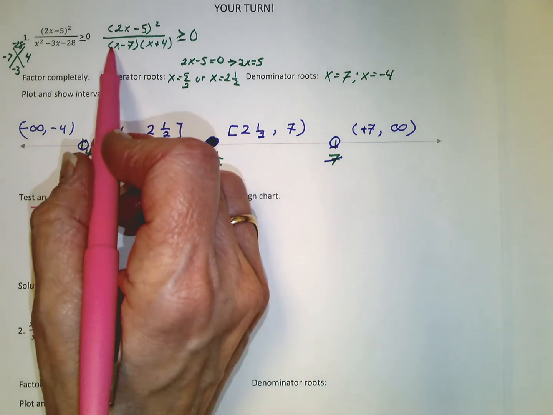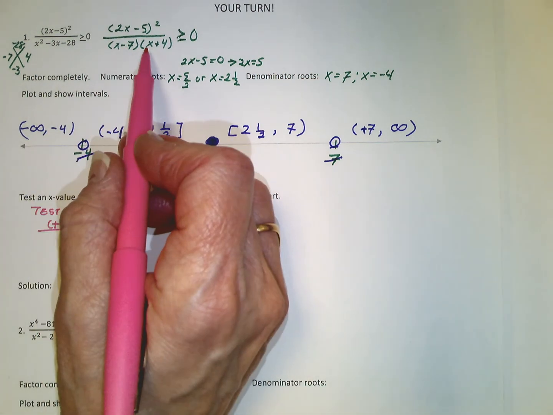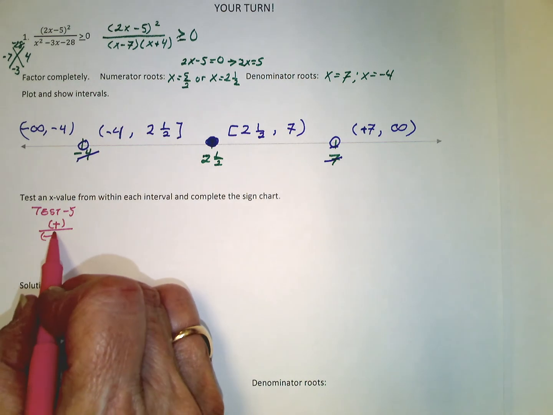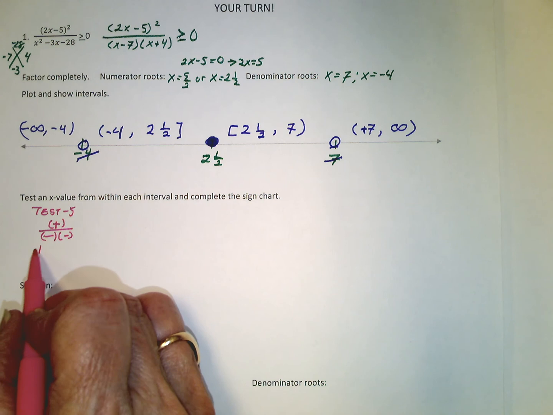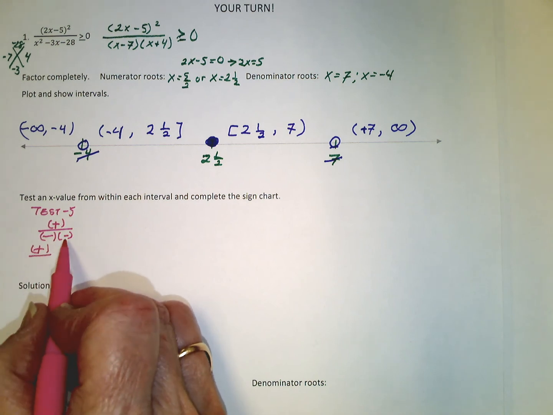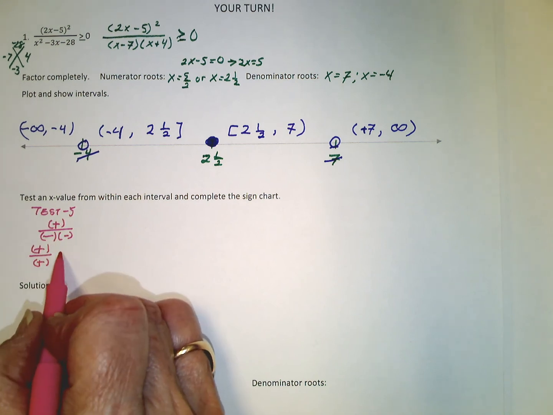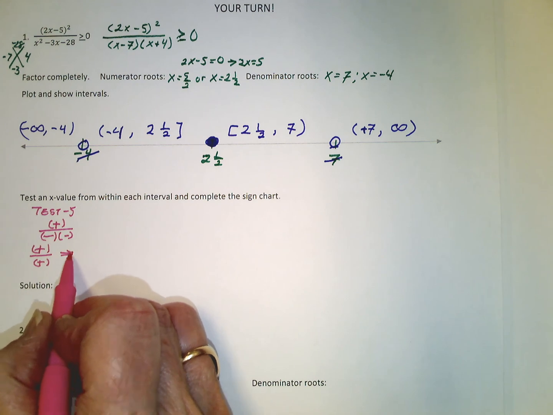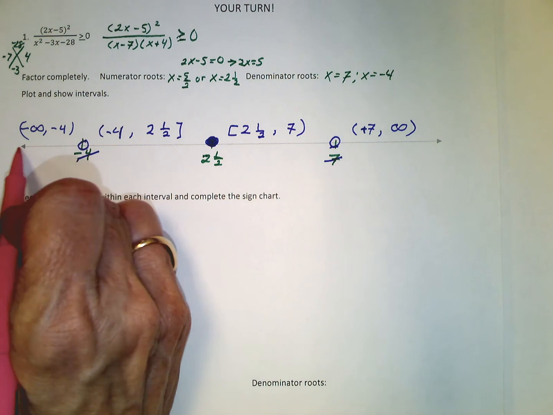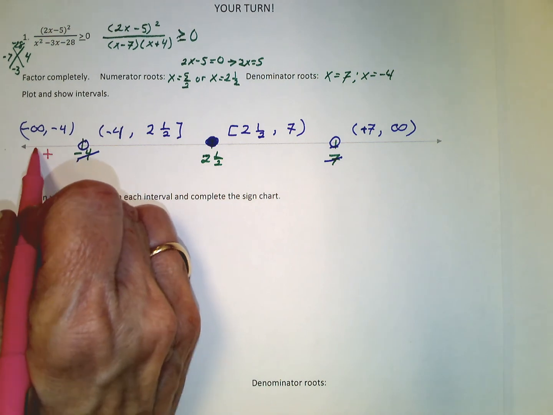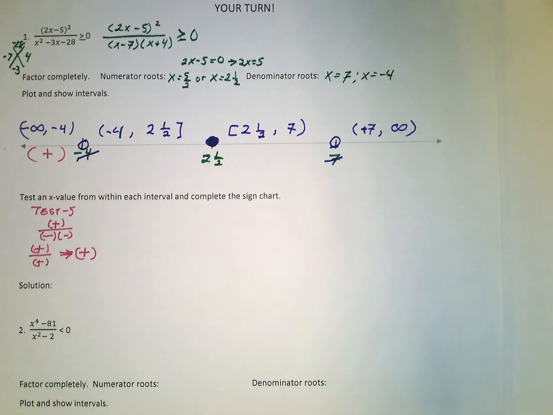But the negative 5 in here makes this parentheses negative, and it makes that parentheses negative. So our numerator is going to have a positive value. Our denominator is going to have a positive value. Overall, the whole fraction is going to turn out positive if we pick any number in this region.